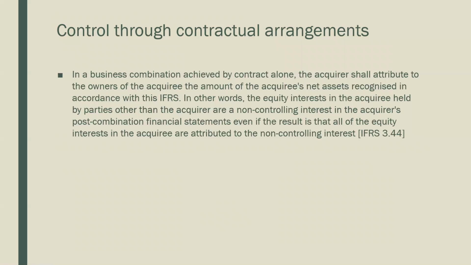So basically, the acquirer of control becomes the party that has to prepare consolidated financial statements, and the shareholders of the variable interest entity essentially are relegated to the position of NCI, non-controlling interest.